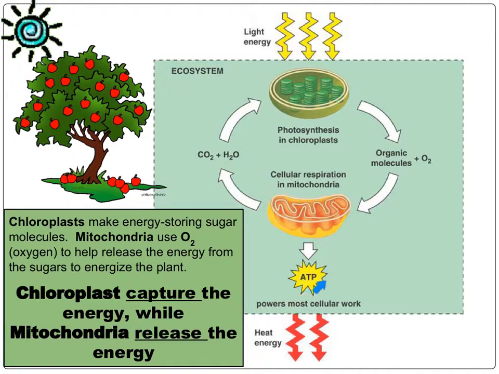So the sugars that are storing the sun's energy, they go into a mitochondria, and the mitochondria is in charge of releasing that energy, unlocking that sugar and releasing the energy inside. And also heat tends to be released during this process as well.